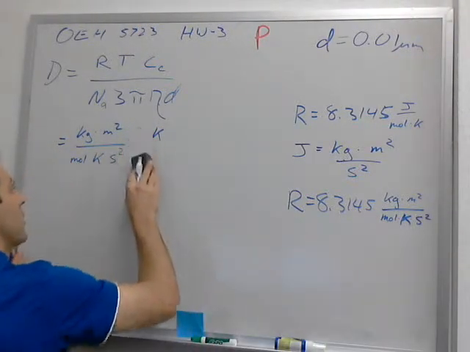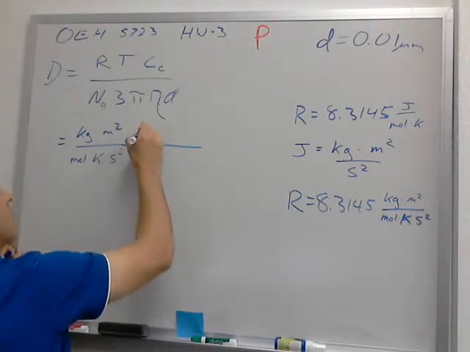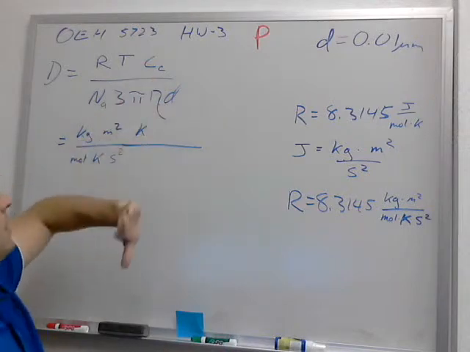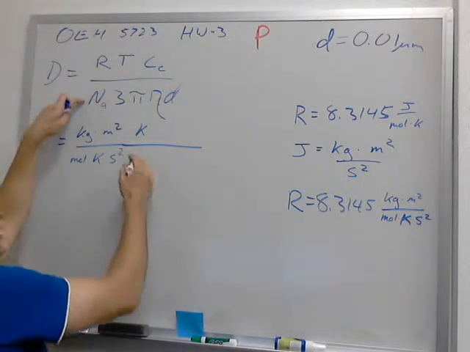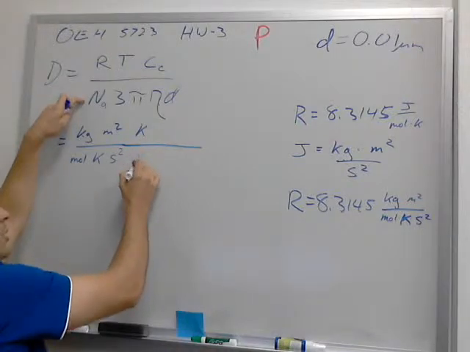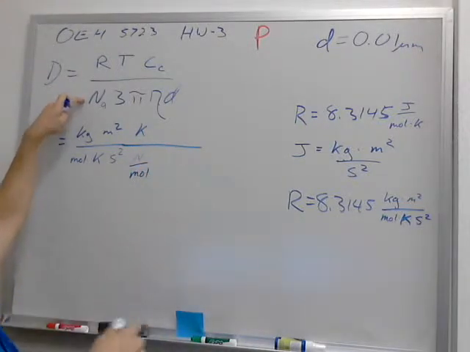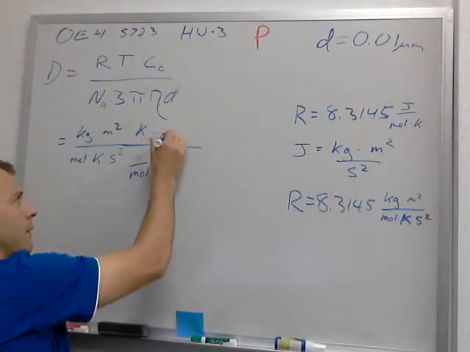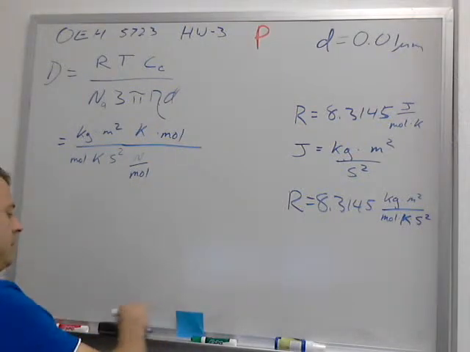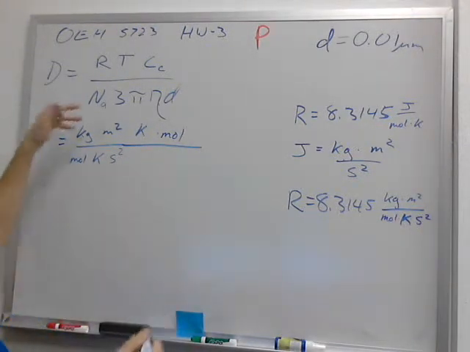Temperature, of course, is going to be Kelvin. I can just make my line longer. Kelvin. Cunningham has no units. Number of moles: we're going to have just some number, but it's implied a per mole. So numbers per mole, which basically means we have moles up here and a number, Avogadro's number.